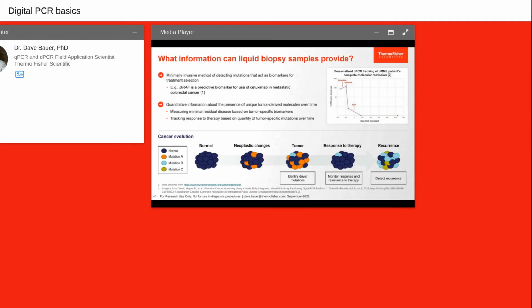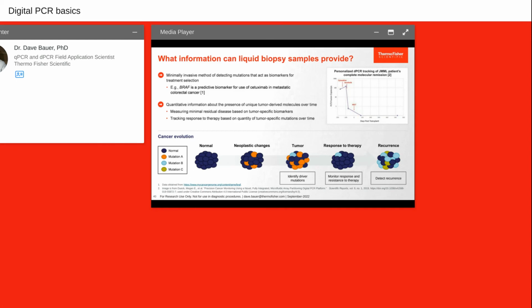So here's an actual example where this was put to use. In this case, there was a patient who had cancer, and we can see in the graph to the right, an assay was developed to use digital PCR to monitor a sequence that represents those tumor cells. A drug was applied that wasn't very effective, and that could be quantified and monitored based on the digital PCR results.